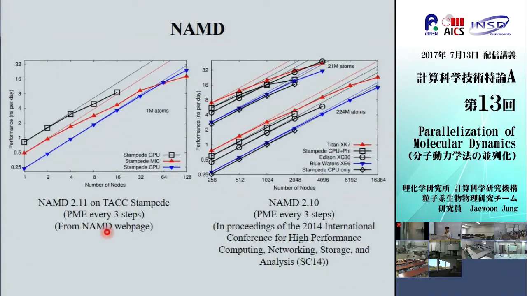And in the case of NAMD, they make use of multiple time-step integration, where reciprocal space interaction is not calculated every step, but every 3 steps. But even considering this, NAMD also shows good parallel efficiency. The GPU should have a good performance result, and even for this one, they have a very good result.